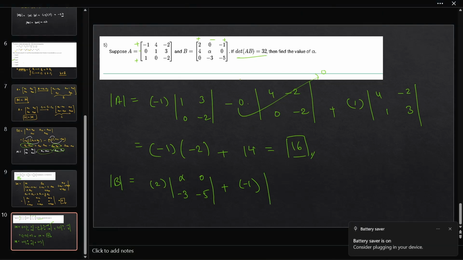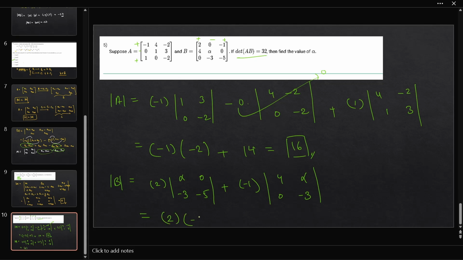So -1 into, sorry for that, eliminating this column, eliminating this row, it's 4 alpha 0 minus 3. Now if we evaluate this, this is going to be 2 times of -5 alpha minus 0, plus -1 of, see, it's going to be -12. So we can write it as 12 minus 10 alpha.